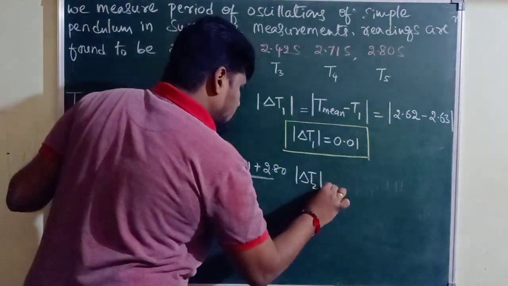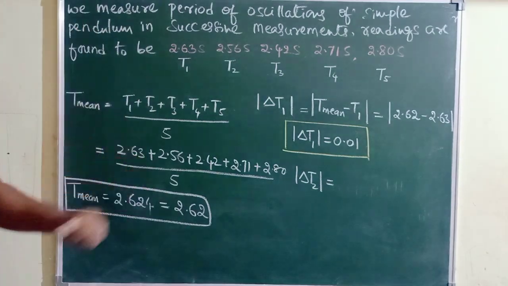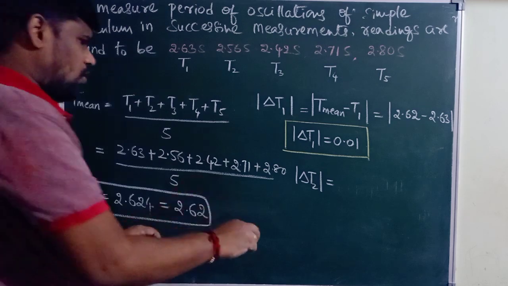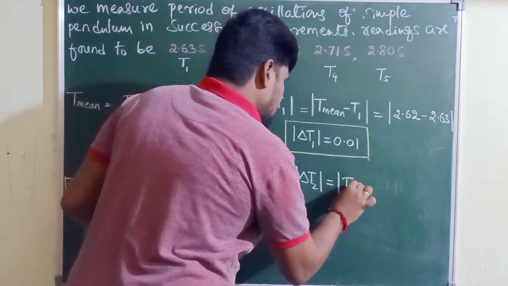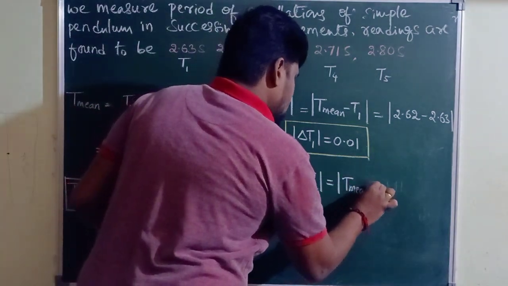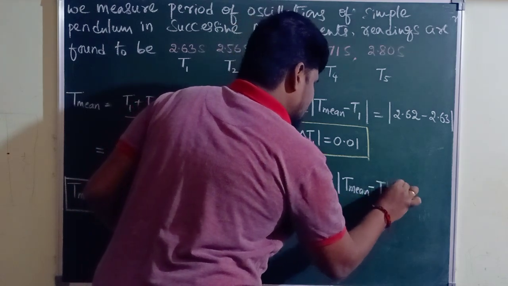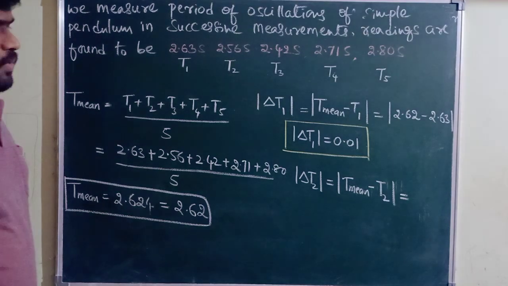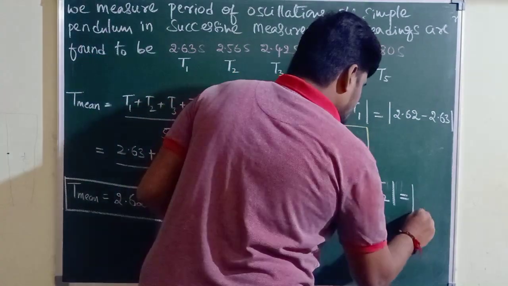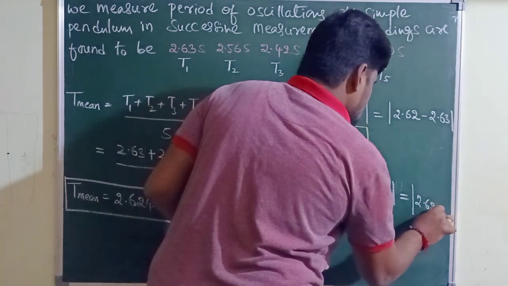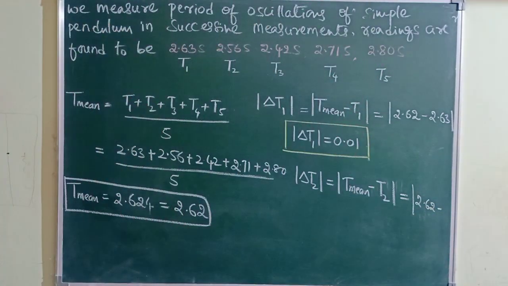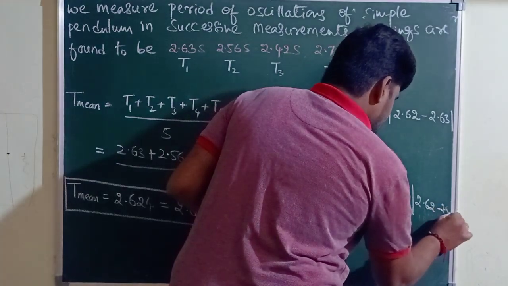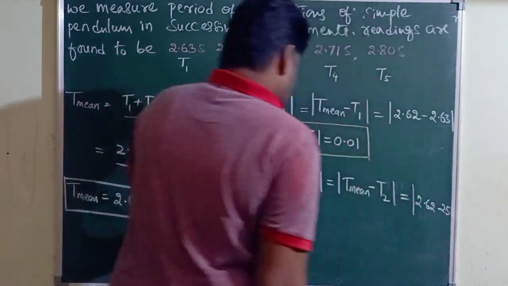What is delta T2? It is the absolute error in the second measurement, the second reading. What is the formula? Once again, true value, that is T mean, minus T2 this time. T mean is 2.62, minus T2 which is 2.56.